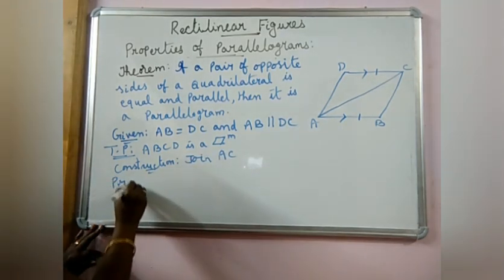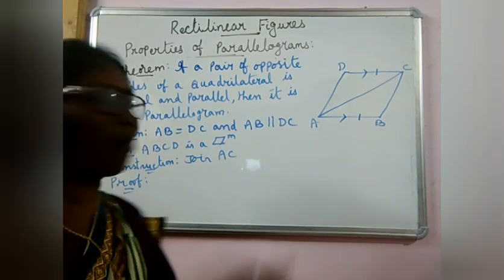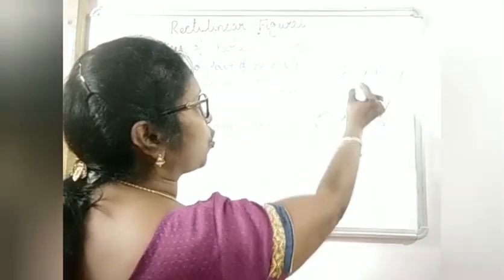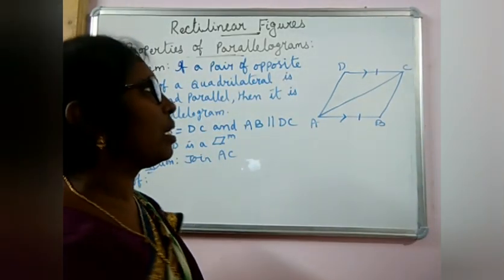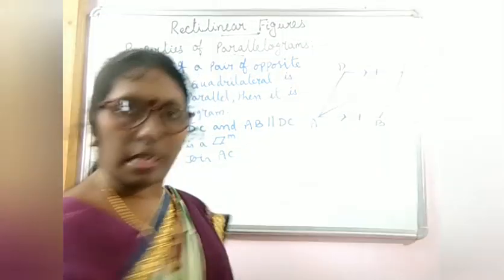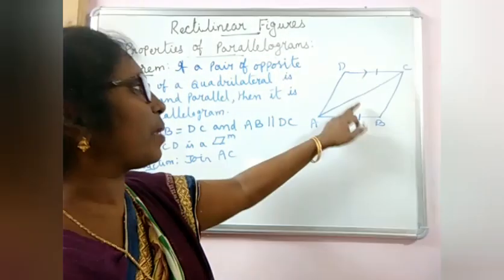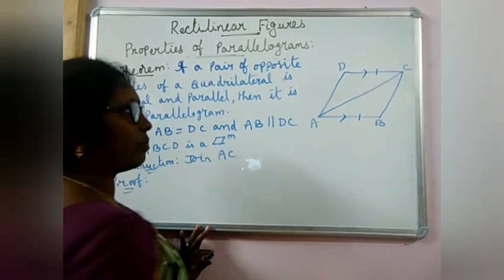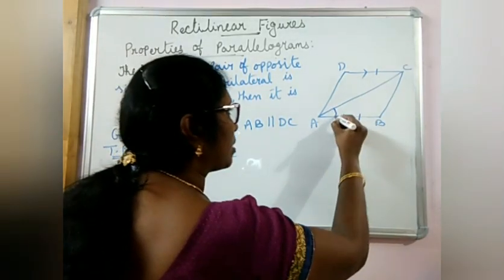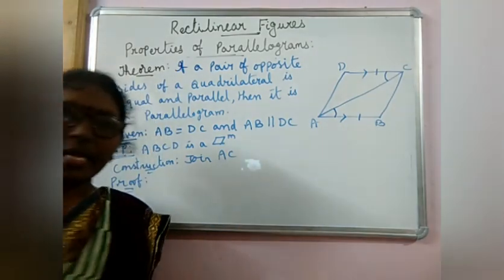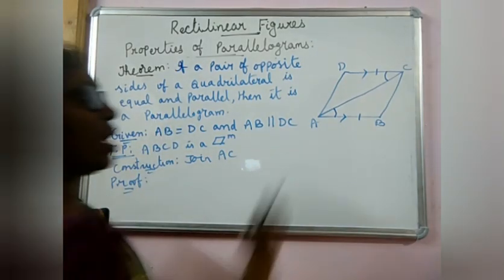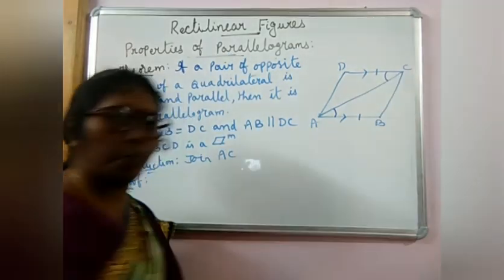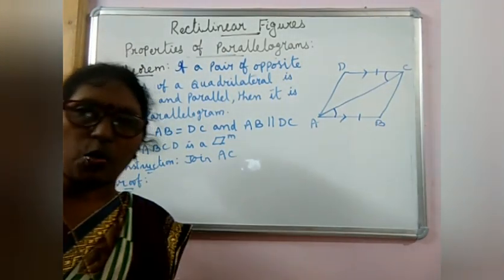Now how to prove it? I hope you got it. Let us make these two triangles congruent. Can we make them congruent or not? Already AB is equal to DC given and these two are parallel given. So these two are interior alternate angles. If these two are interior alternate angles and AC is common to both, then these two triangles are congruent.